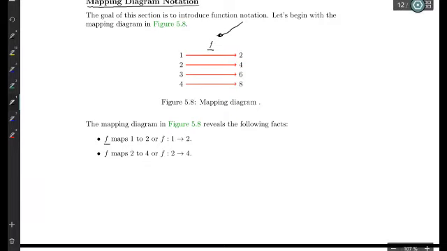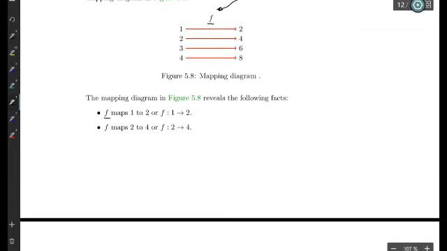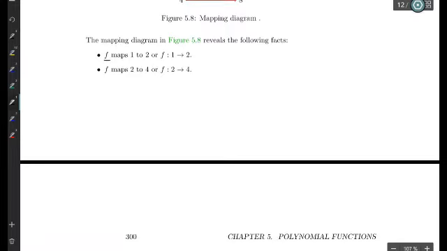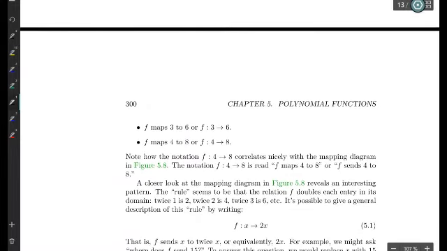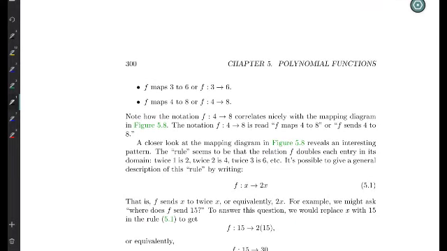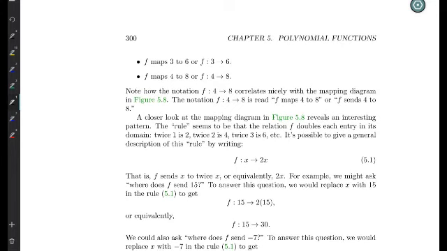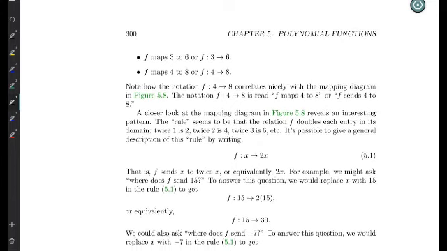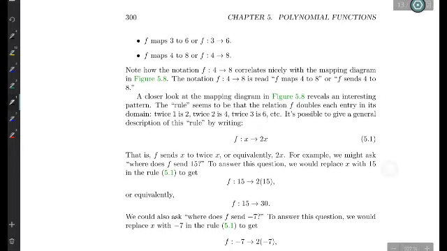F maps 2 to 4. It maps 3 to 6. It maps 4 to 8. So we use these arrows here to indicate the mapping or the assignment of 3 to 6. Right. Another word we use is send. F sends 4 to 8, for instance.